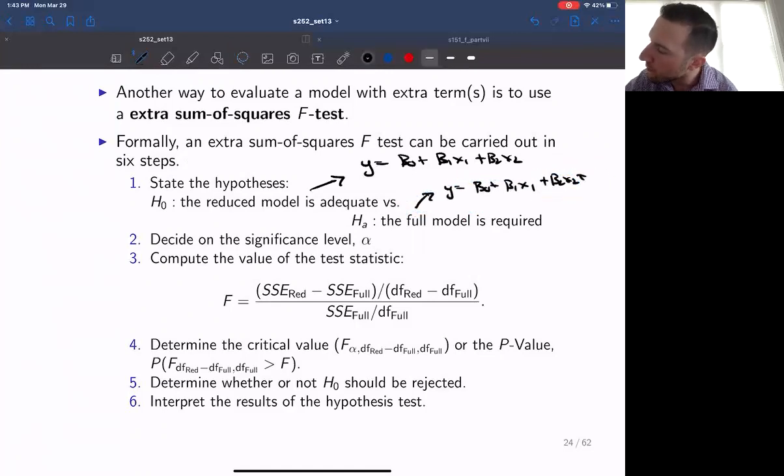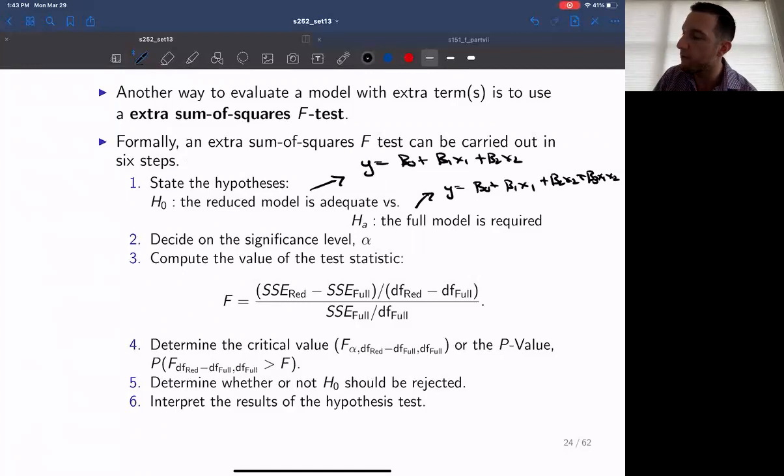The reason this test works so well here is because the reduced model is a subset of the full model. That's a requirement: the reduced model has to exist within the full model. Because our full model only has one additional term, the interaction term, this test allows us to compare the interaction term directly. So basically, we're writing a test about whether or not this interaction is needed.